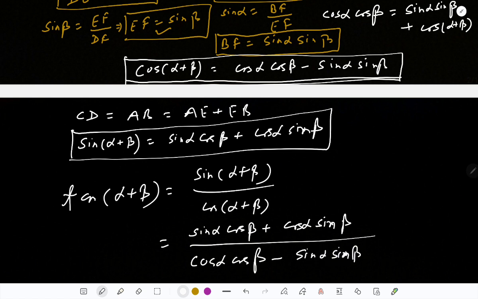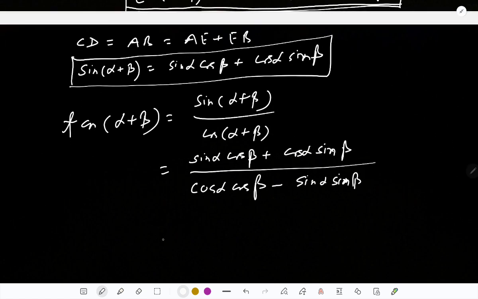And if the result looks bigger for you, or the result is not written in terms of tangents, they are written in terms of sines and cosines, then you can also manipulate it. Just divide the numerator and denominator by cos alpha cos beta, and if you divide sine alpha cos beta by cos alpha cos beta, you will get simply tan alpha, because cos betas are getting cancelled.